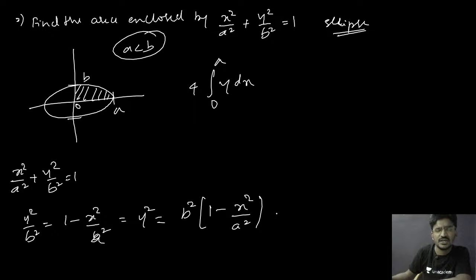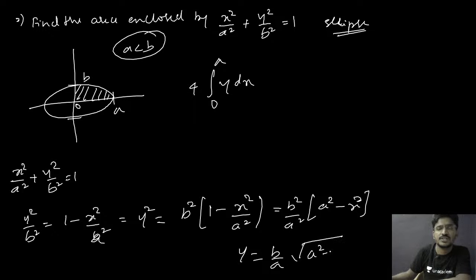You can check that b square by a square will be a square minus x square. If I take y, it will be b by a root of a square minus x square. From that you can simplify these particular terms and understand.